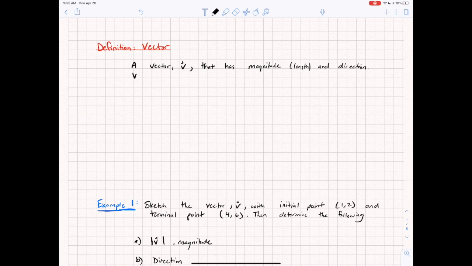I say v is the path from an initial point to a terminal one.